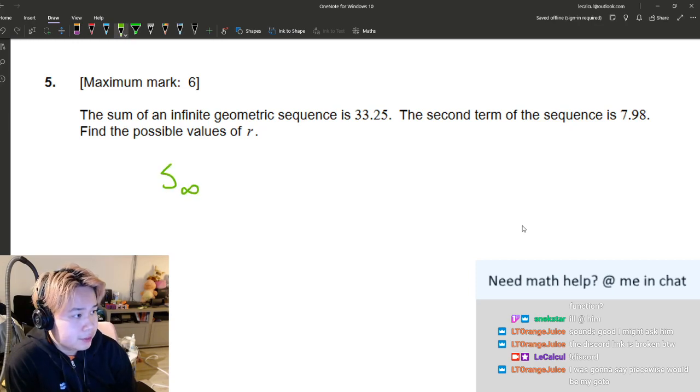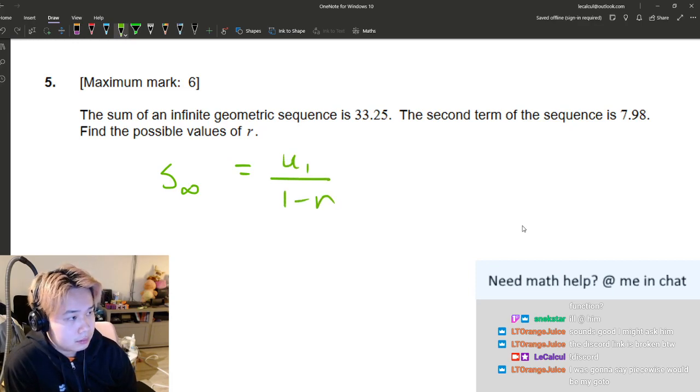So we do have two formulas we can rely on. One is the sum of an infinite geometric sequence, which is just the first term divided by 1 minus the common ratio.